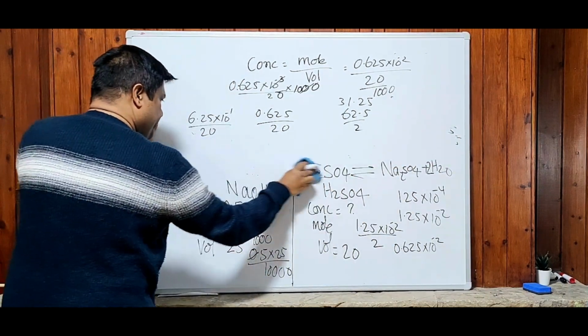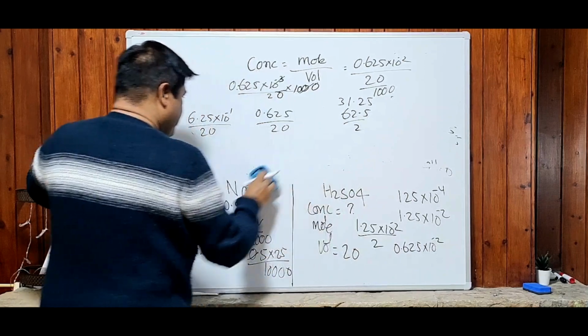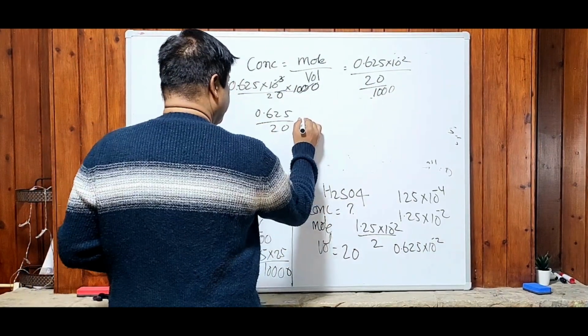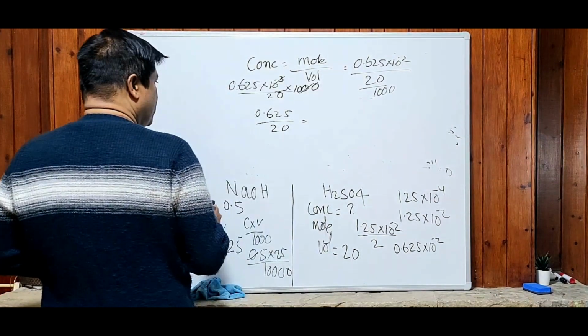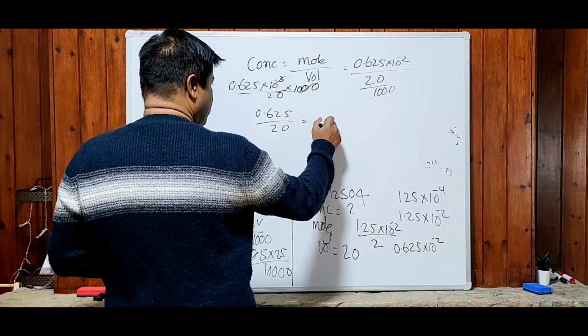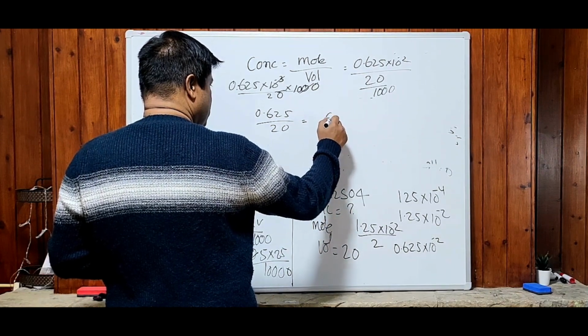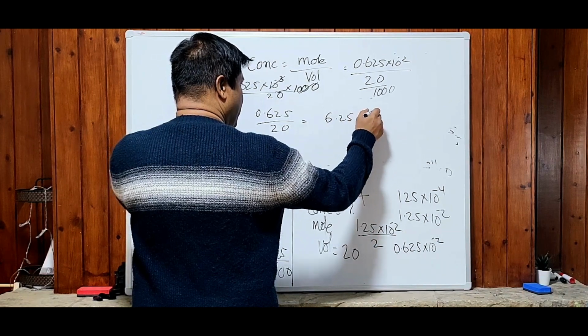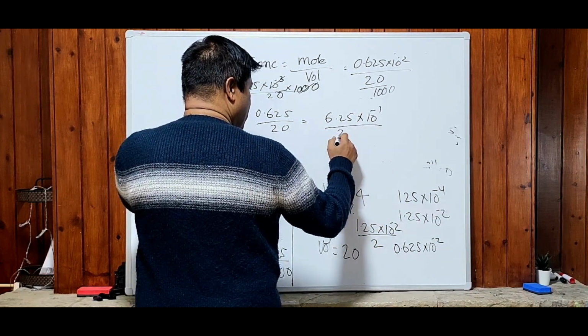Look at that. Can we do 6.25 into 10 to the power of minus 1 divided by 20?